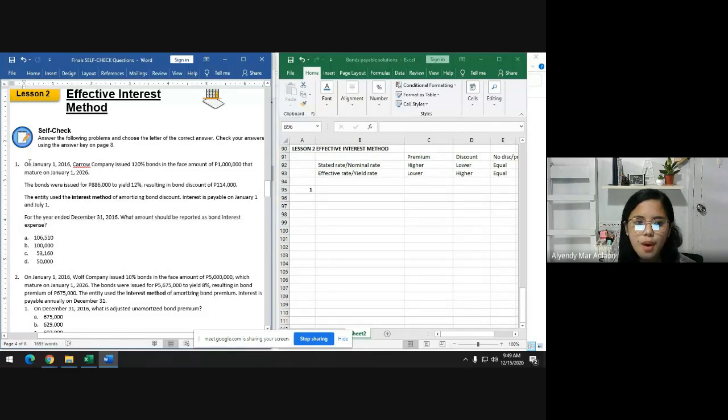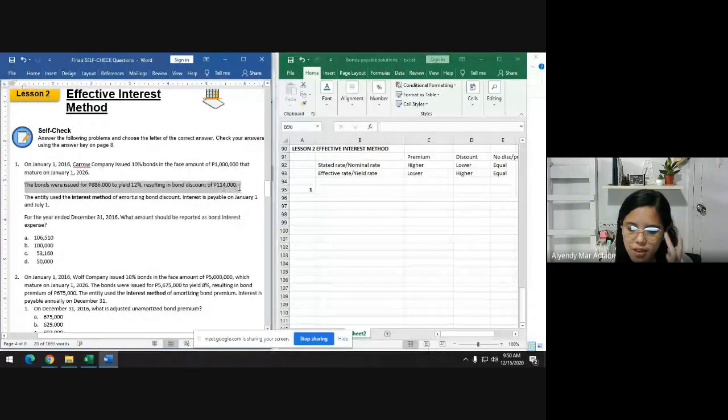On January 1, 2016, Caro Company issued 10% bonds in the face amount of 1 million that mature on January 1, 2026. The bonds were issued for 886,000 to yield 12%, resulting in bond discount of 114,000.